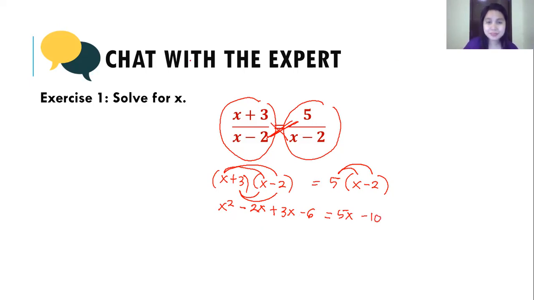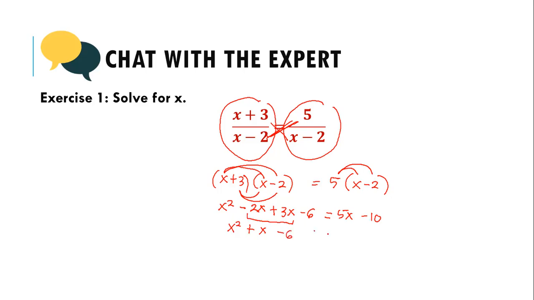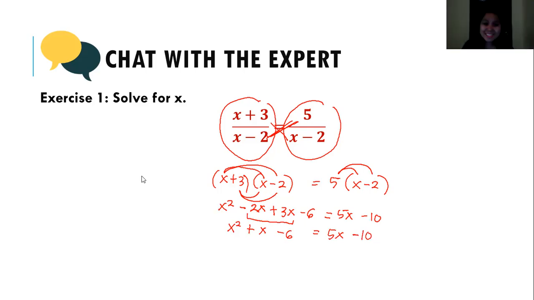Let us now simplify it. We have x squared plus x, combine these two, minus 6 equals 5x minus 10. Then we will write it in standard form.